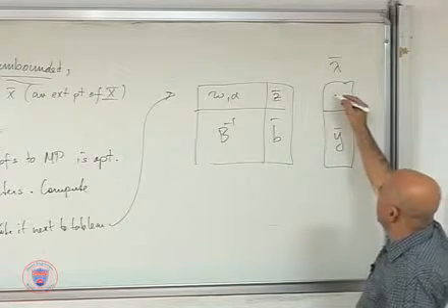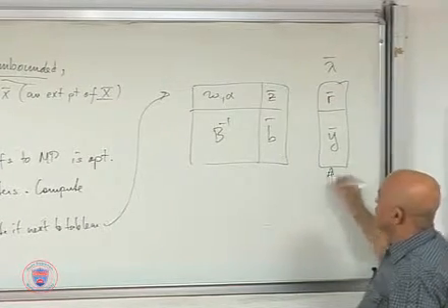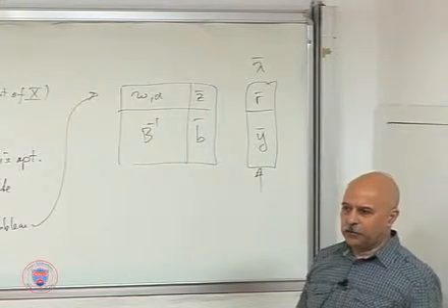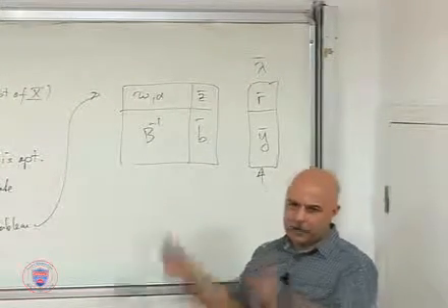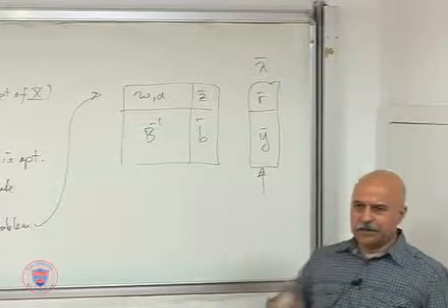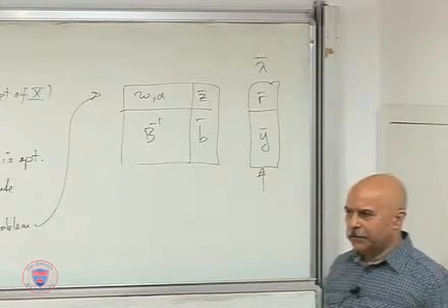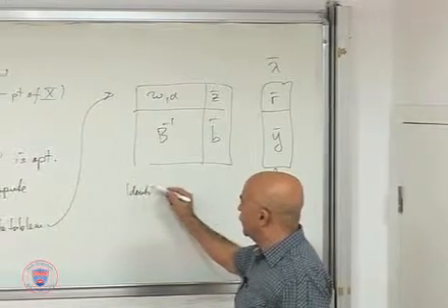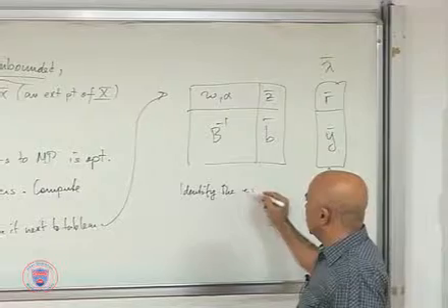Y bar here, r bar here, and then just proceed with your regular ratio test and so forth. The rest is straightforward stuff. Identify the exiting variable.